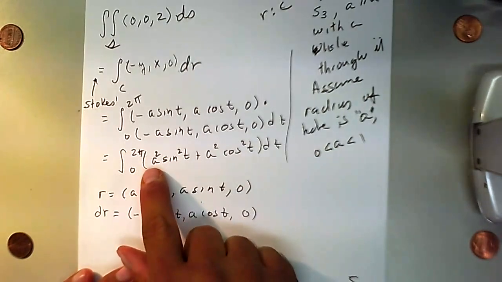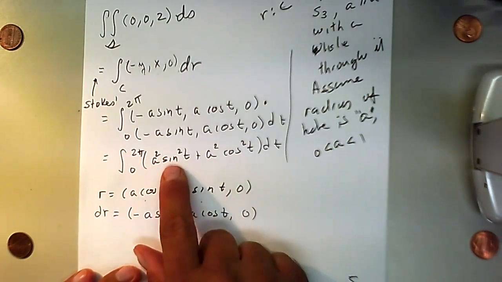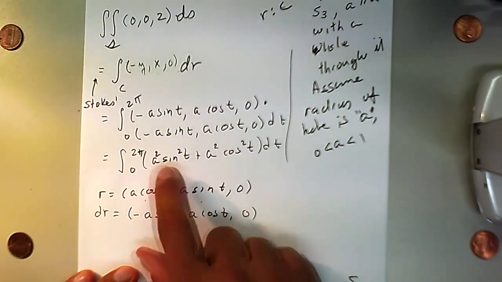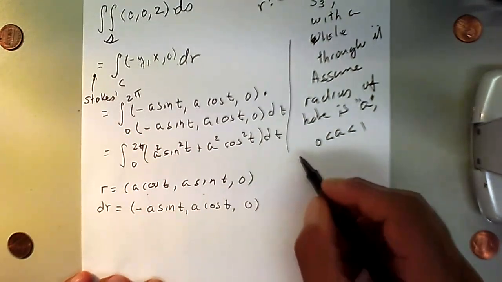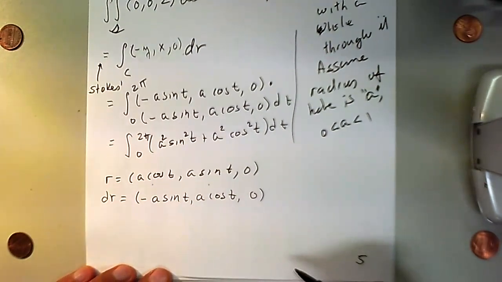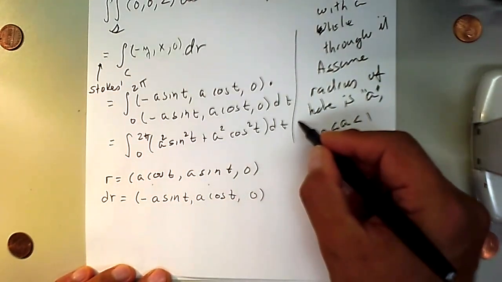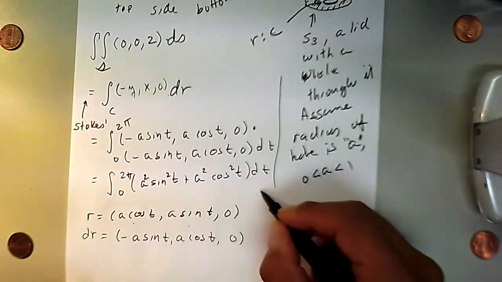And then if we factor out a squared, we're going to end up with sine squared plus cosine squared. And that's going to give us 1 times a squared. I hate to end up there because now this is on the way. So I'm going to continue on the next page.